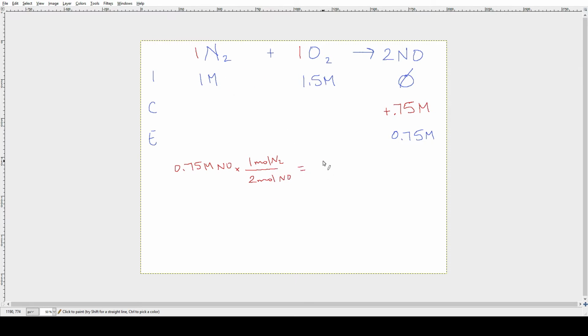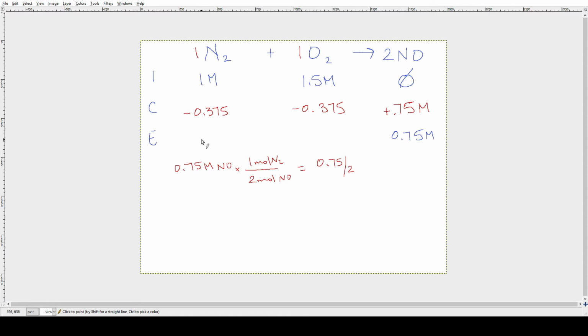So you're going to divide 0.75 by 2 for these changes, which will come out to be 0.375. Now you have to decide on what sign you're going to assign to these, positive or negative. These are the reactants. They are being used up to create your products, so their concentrations are decreasing.